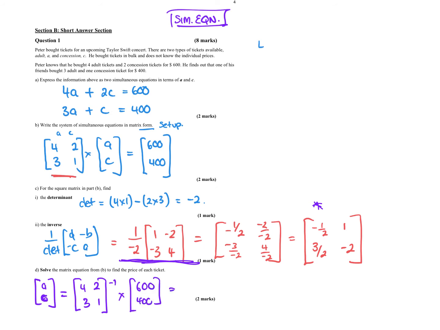Just show what you're doing there, and then you get your answer, which should be 100 and 100. And then just write out the price. So that was A and C. So adult was the same price as concession. And there you go, it just happened to be the same price.